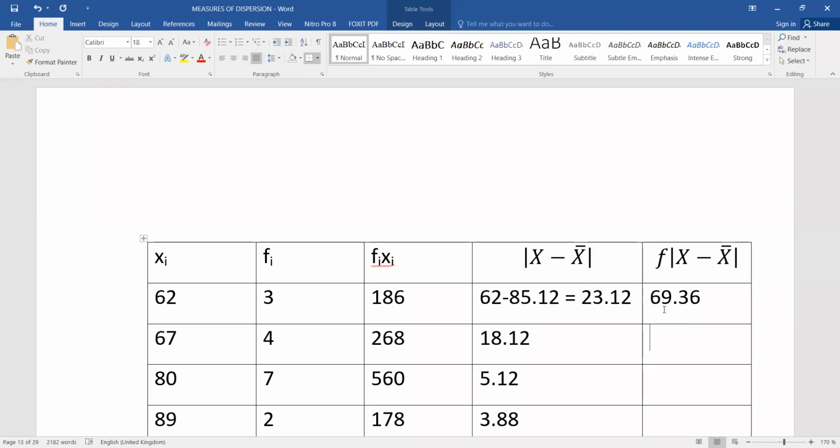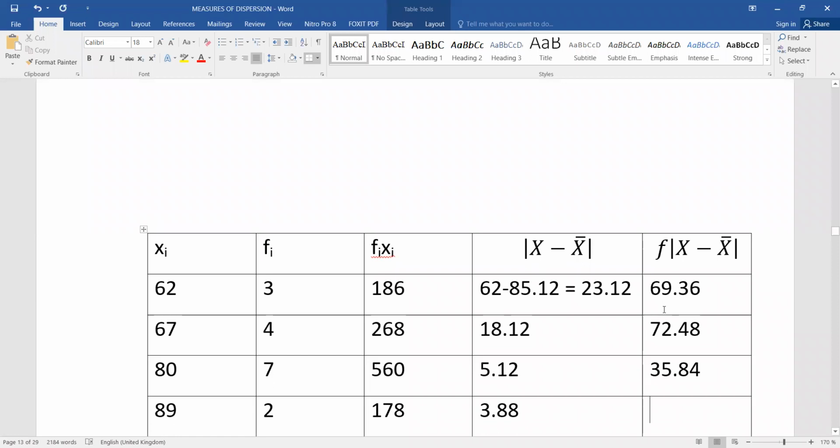72.48. I can only see 69.36 and 72.48. We have what? 35.84, going once. 7.76.